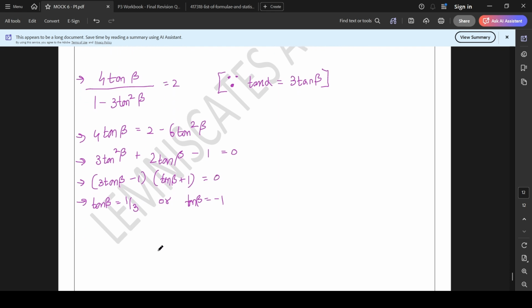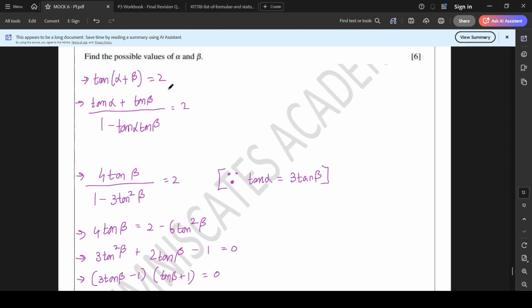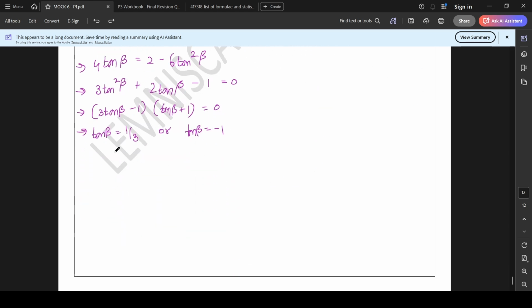Now I can go ahead and solve using ASTC for the values of beta. And please note that the values of beta and alpha both are between 0 and 180 degrees. So if I draw my ASTC diagram for both of the options, I know my tan value is positive in my first quadrant, between 0 and 180 degrees.